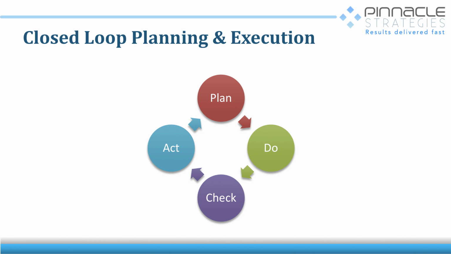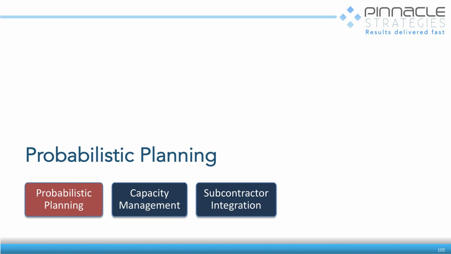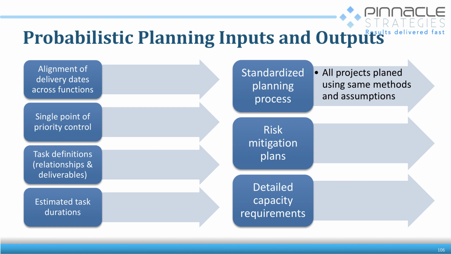But again, this is all about PDCA, plan, do, check, act. That's all it is, right? So we're now doing the planning phase, right? So probabilistic planning is an extension of what we were doing before. It's taking the alignment of delivery dates, our single point of priority control, our task definitions, and our estimated task durations, using that, breaking out the work, and then we're doing a standardized planning process.